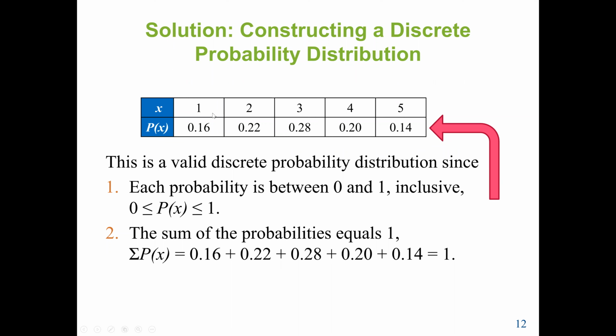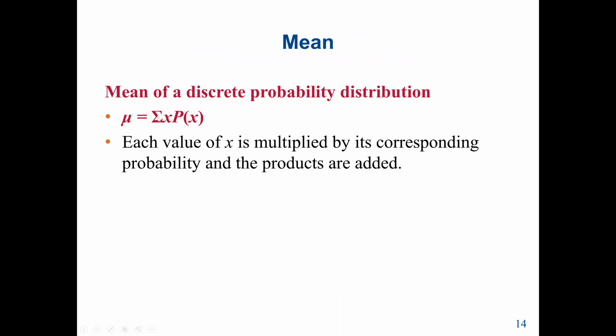Then we add or sum all of them, and that will give me the mean. So that's what this formula means: each value of X is multiplied by its corresponding probability, and the products are added together.